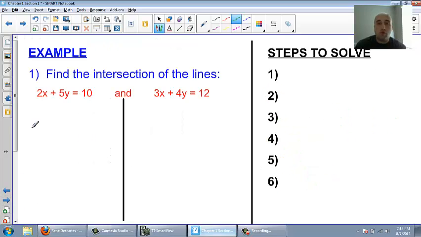So we're going to work through an example of how to graph these problems on the calculator. They're going to give you two equations in general form, typically, sometimes in standard form. But what you must do, over here on steps to solve, the first step is you must solve for y.